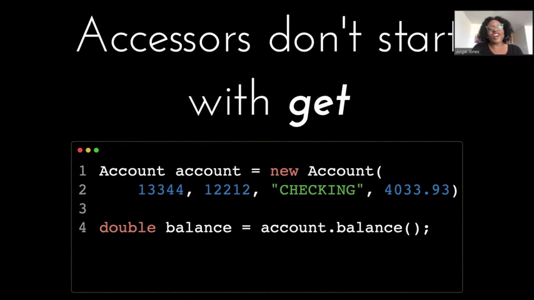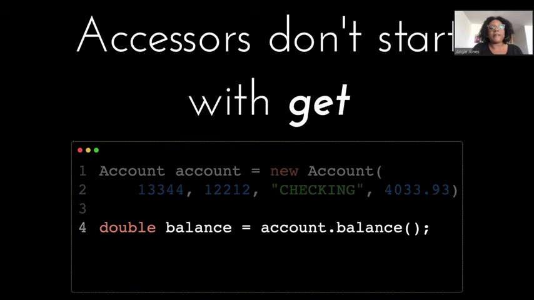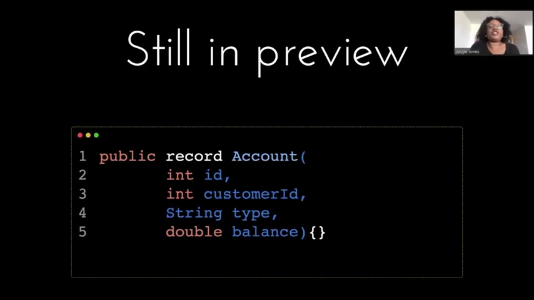However, they don't start with the word get like we're used to. Instead, the accessor method name is the exact same name as the field name. So notice here, we're calling account.balance as opposed to account.getBalance.